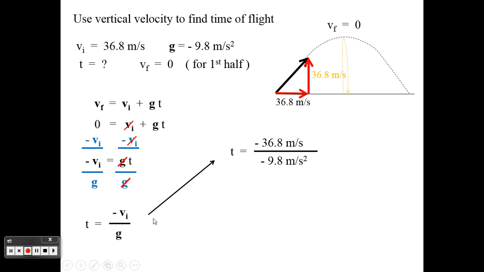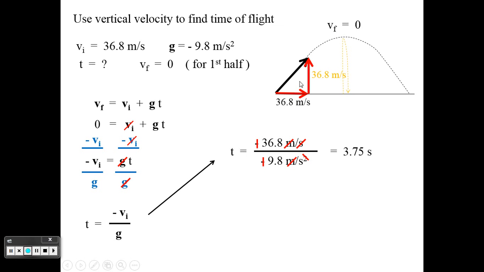I'm now going to plug in my numbers. Negative from the algebra, 36.8 meters per second over negative 9.8 meters per second squared. Lots of cancellation occurs: negative signs, meters, one of the seconds. And the time ends up being 3.75 seconds. That's the time to get to the top.